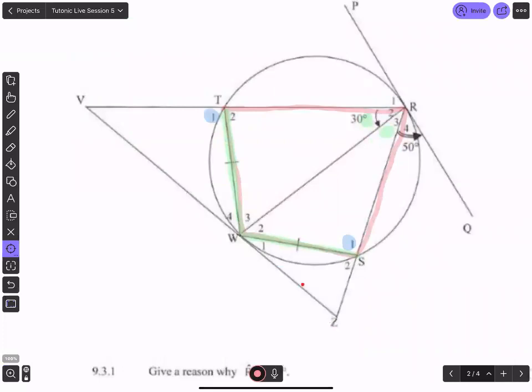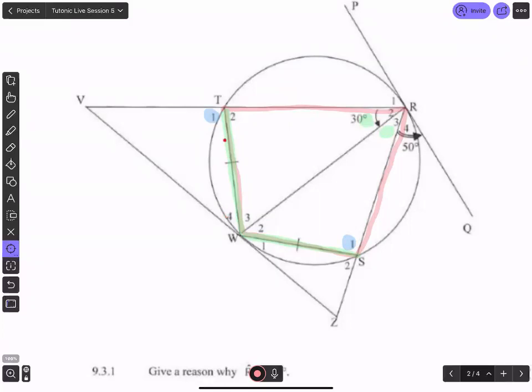Which one do you think? Tan-chord theorem. Right, so what is W4 equal to? 30 degrees. Do you guys all agree? Do you see that?